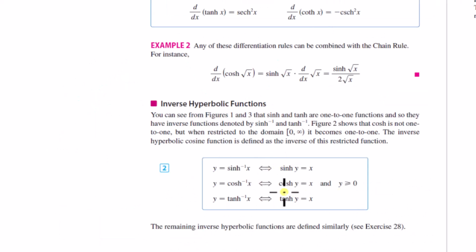They're saying that x is restricted to 0 to infinity. That's the domain of this function. The inverse hyperbolic cosine function is defined as the inverse of this restricted function. That's the definition of inverse hyperbolic cosine. It's the inverse of hyperbolic cosine that has domain 0 to infinity.